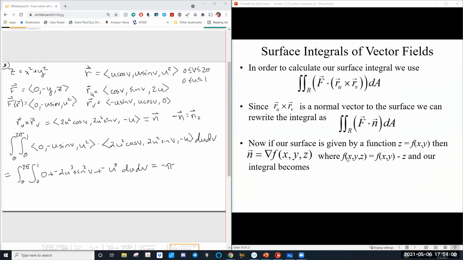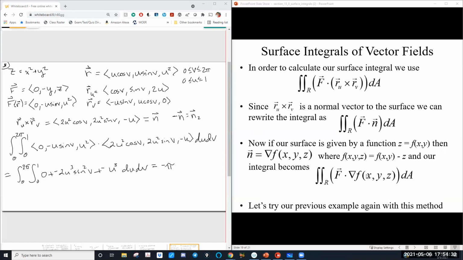If our surface is given by f of xy, we will call it f of xy minus z. This is similar to something we did back in, I think, module 3. Basically, what we're going to do is make our surface a level surface of a function of 3 variables by bringing the z over. And then our integral becomes the vector field dotted with the gradient.